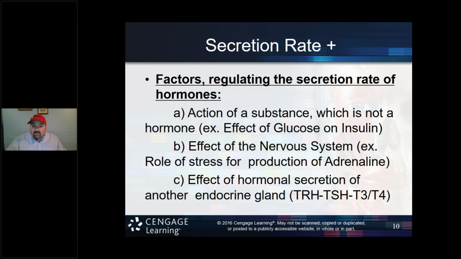And the effect of hormonal secretion of another endocrine gland. So you'll see here as far as releasing hormones, so thyroid releasing hormones and stimulating hormones produced by other glands that will in turn cause some type of an effect. They're called tropic hormones. These tropic hormones will then cause another gland to release another hormone, which will in turn have an effect.